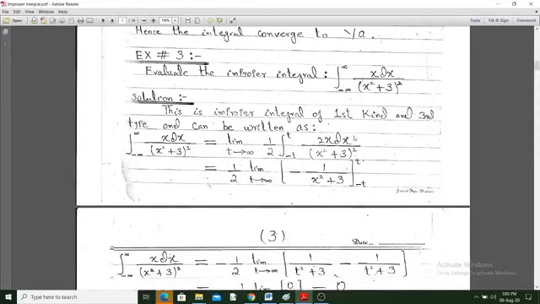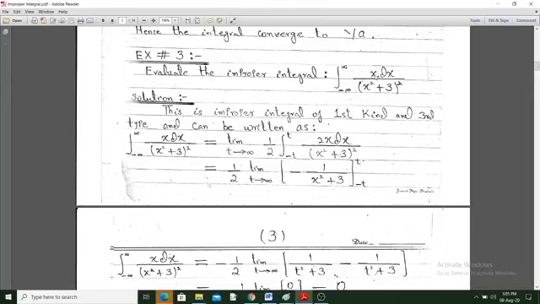This is another example, number 3, and this is first kind. Why first kind? Because the lower and upper limits are both infinity, so this is first kind, and because both lower and upper limits are infinity, this is third type.